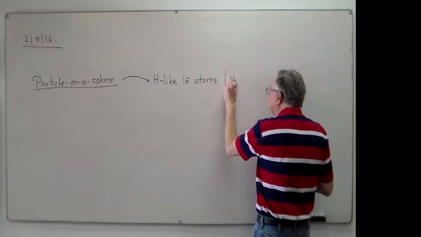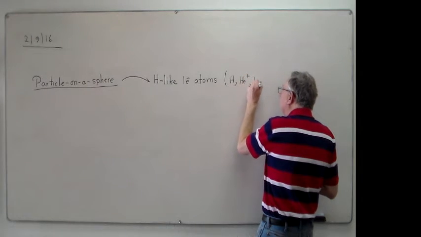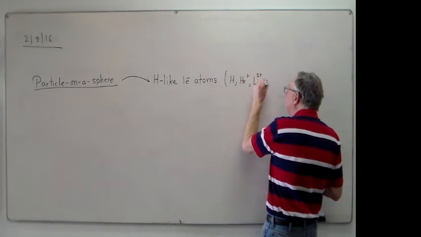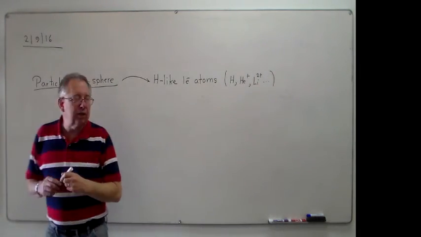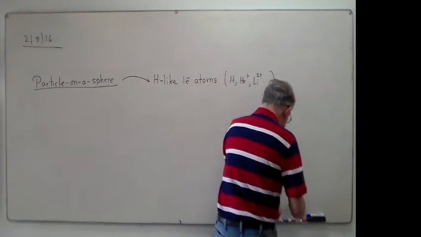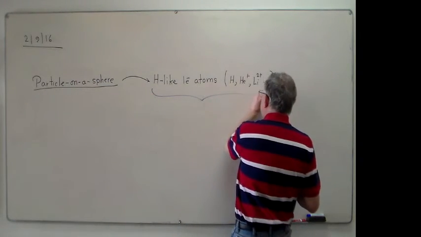So this would be hydrogen, helium plus, lithium 2 plus, and so on. So the spherical symmetry is retained in one electron atoms.